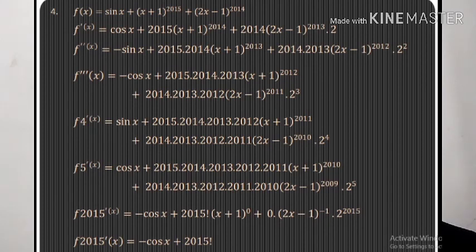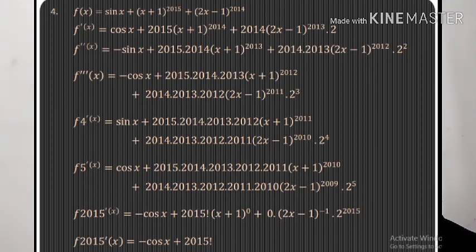Plus, because it starts from 2015 times and so on times 2016 minus 2015, so it's equal to 1, it's the factorial of 2015 times (x plus 1) to the 2015 minus 2015, so it's equal to 0.